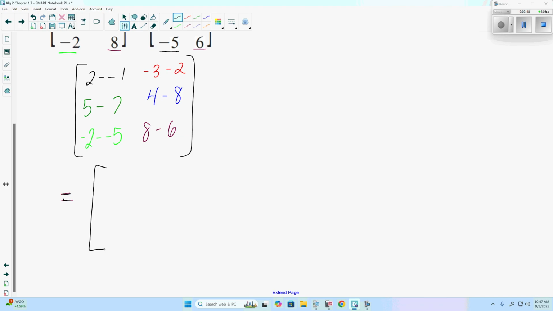So 2 minus -1, because our negative and negative make a plus, giving us 2 plus 1, which is 3. -3 minus 2 is -5. 5 minus 7 is -2. 4 minus 8 is indeed -4. -2 minus -5, negative and negative make a plus, 3. 8 minus 6.